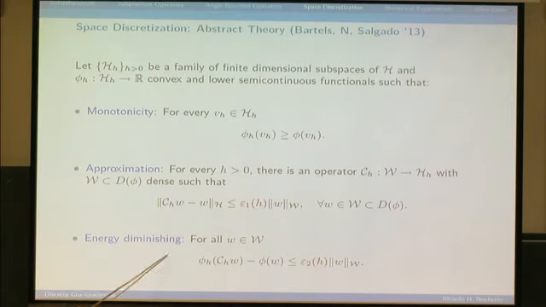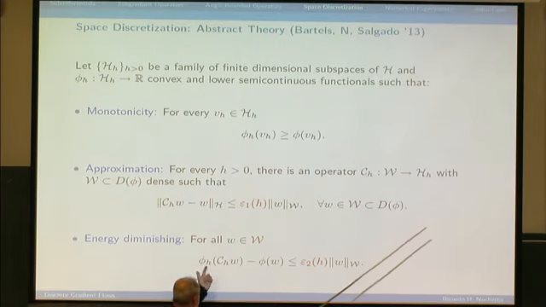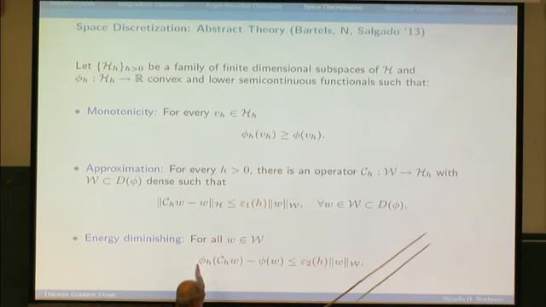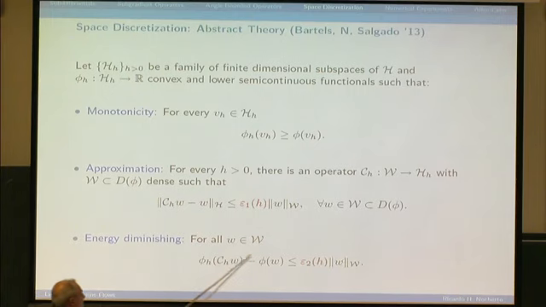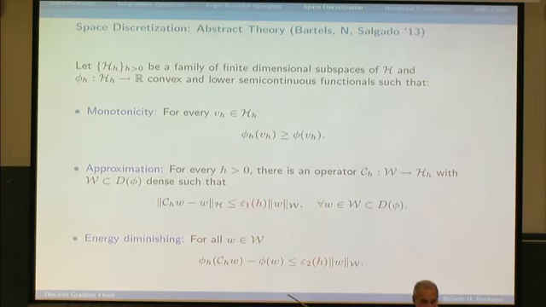And then there is an energy diminishing property. So if I replace any element w by the corresponding approximation and the discrete functional, I don't increase the energy too much. If this happens to be 0, then it will be energy diminishing, but we allow a little bit of an excess going to 0 with h. I call it epsilon 2. A perfectly energy diminishing approximation will have a 0 on the right hand side, and I will say a couple of words about that later.